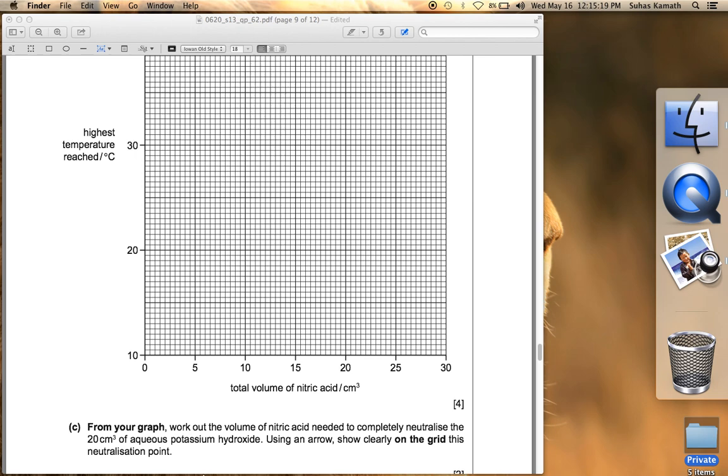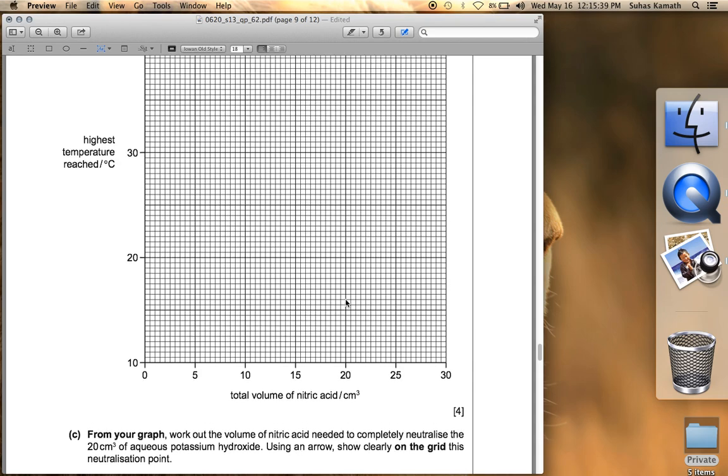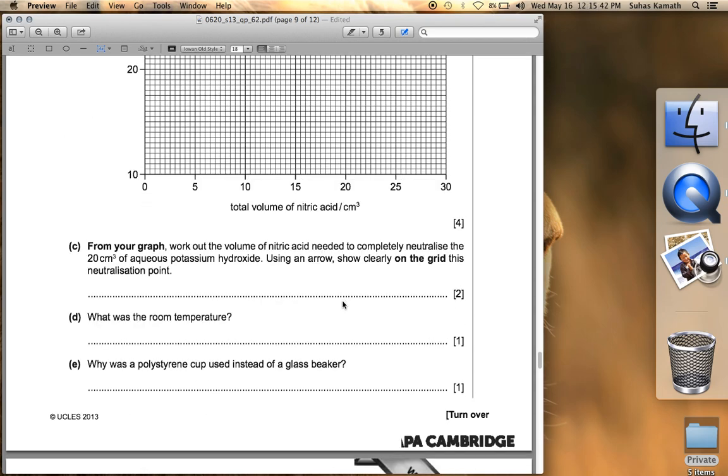Show clearly on the grid this neutralization point. Don't worry. So you should see when the reaction stops. So it's 15 cm³, as I showed you already.